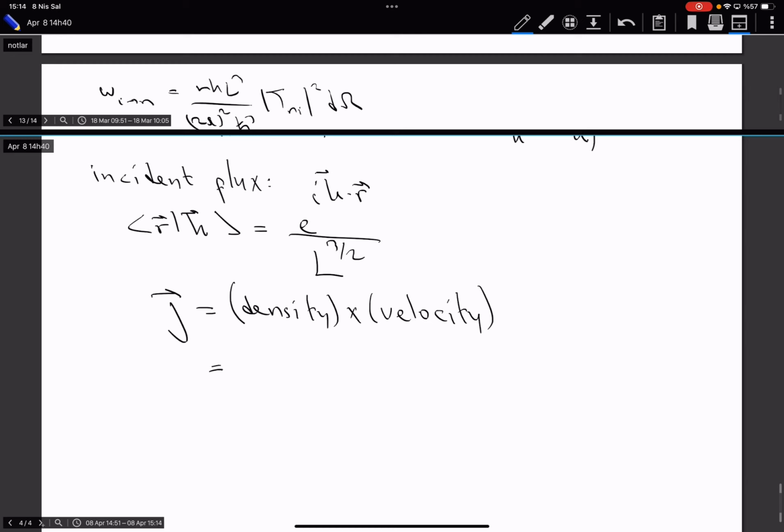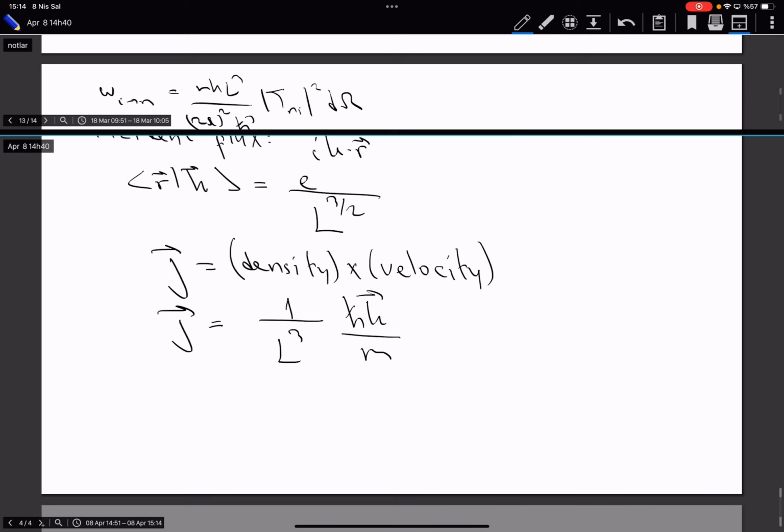The density of my particles: plane waves have uniform density, so I have one particle within a volume L cubed. And the velocity of this particle is, what's the velocity of this particle? Yeah, this is my flux.